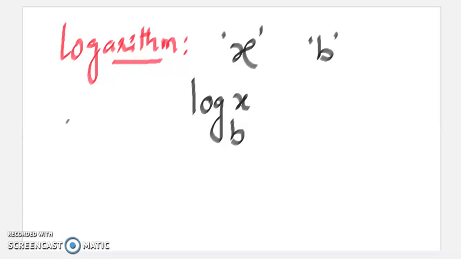This is the exponent by which b must be raised to get the value of x.